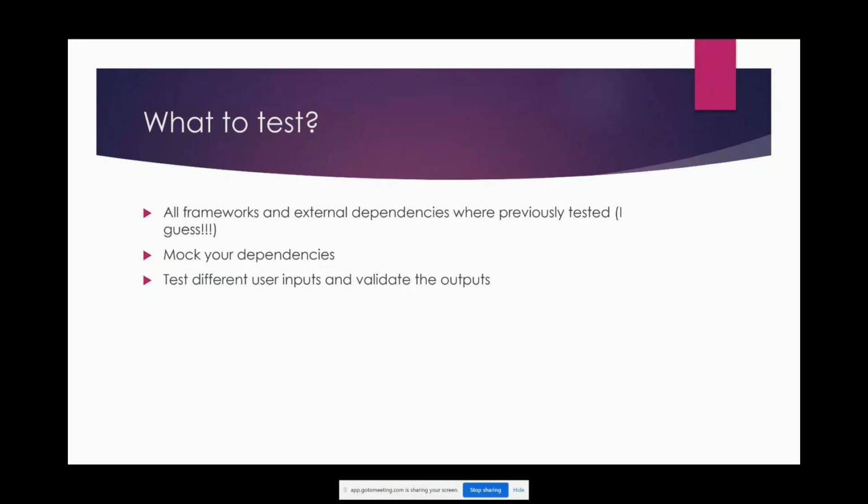And last but not least, test with different inputs and outputs. As developers, we always try to think about things in the most logical way. Our users are not reasonable.